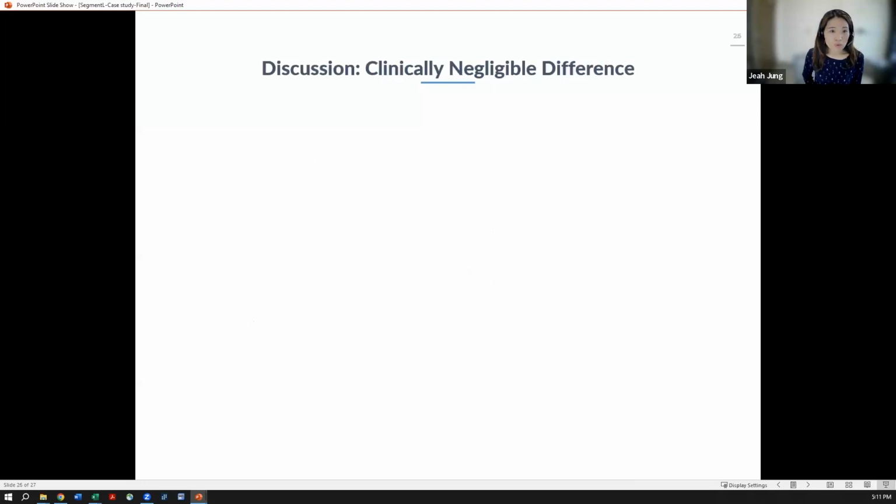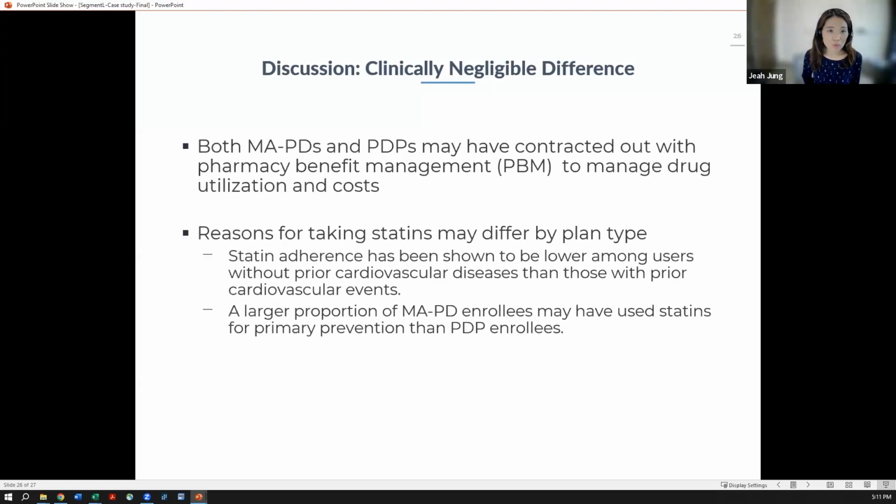Now, okay, so why did we not find evidence supporting our hypothesis? One possibility is that both MAPDs and PDPs may have contracted with the same pharmacy benefit managers, PBMs. These PBMs usually work a lot on benefit schemes or reaching out to enrollees and sending out pamphlets: are you taking statins?